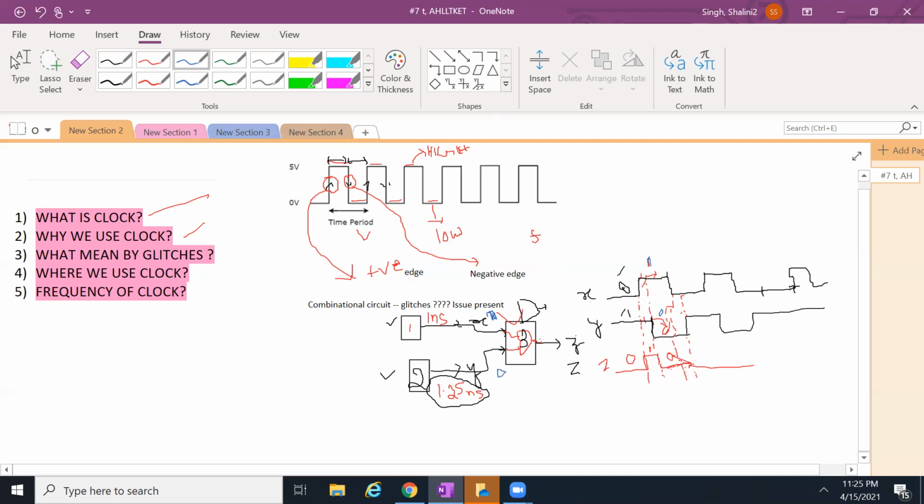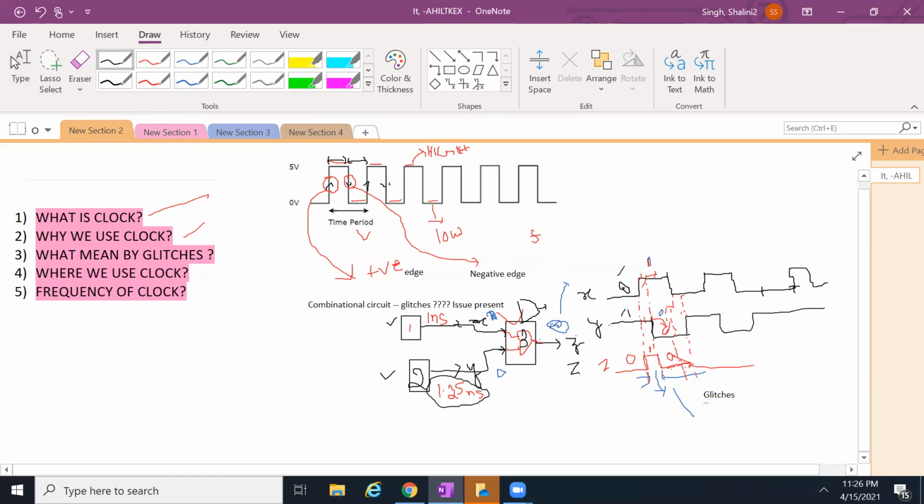This is an AND operation, so we are expecting 0, but as output for some time we are getting 1. So the hardware behavior is different from our expectation. For a short duration of time it gives us a different value. This is nothing but a glitch. We call this a glitch.